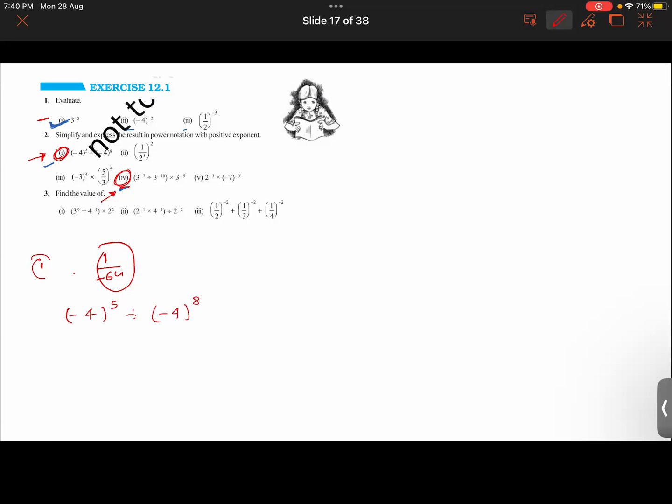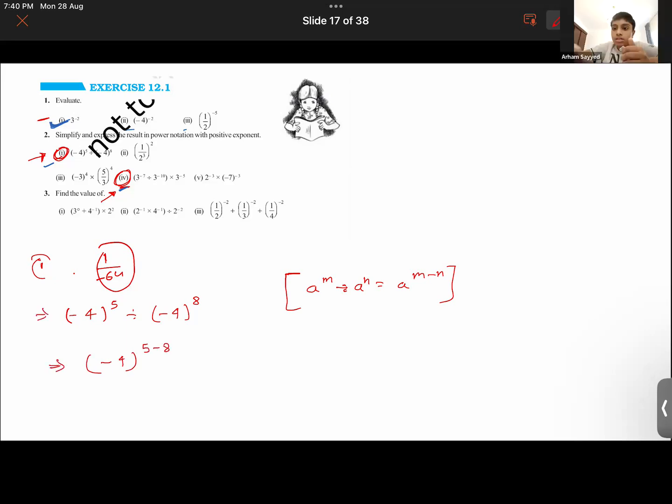When we have common bases, for example a raised to the power m divided by a raised to the power n, it is a raised to the power m minus n. So it will be -4 raised to the power 5 minus 8, that is -4 raised to the power -3.